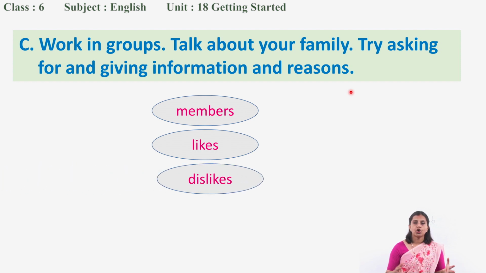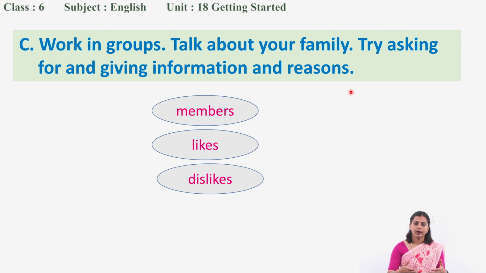Likewise, you can also talk about the dislikes. What things they don't like. What do they hate most? What do they hate doing? Some people hate sports, some people hate going in the crowd. So you can ask them what food they don't like. These different types of things you can ask your friends, and you have to give this information to your friend also. So this activity is for you. You practice it in a group.